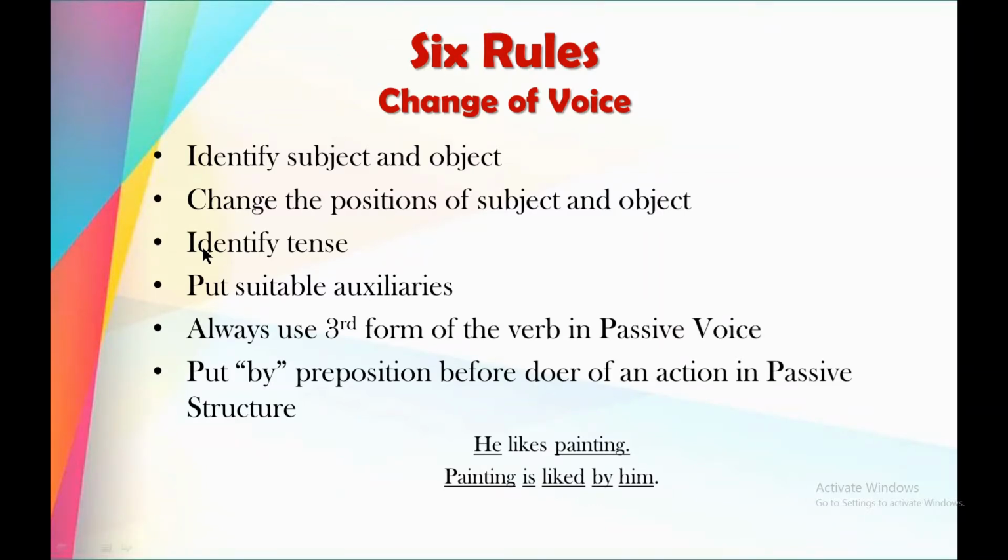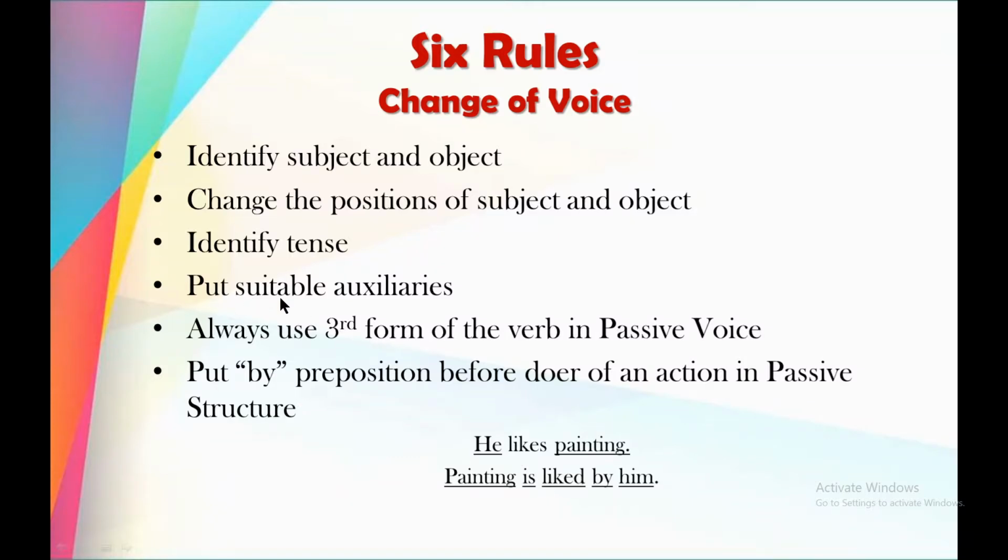My dear students, the first and foremost duty is to identify the tense. So he likes painting. There is S over here, so it predicts that this is present indefinite tense. Since this is present indefinite tense, we have particular rules to change it into passive voice structure. So this is our third step.